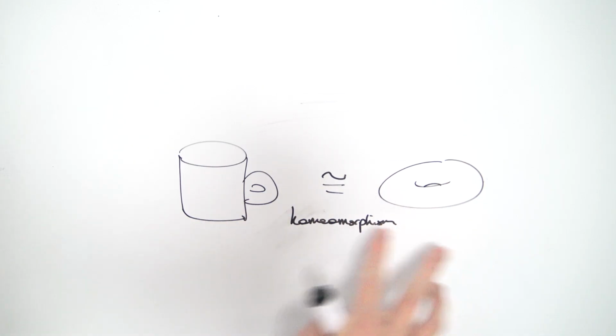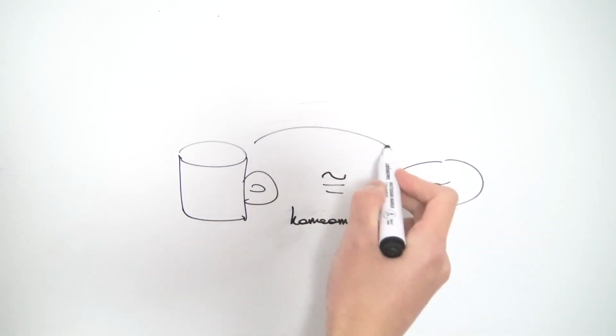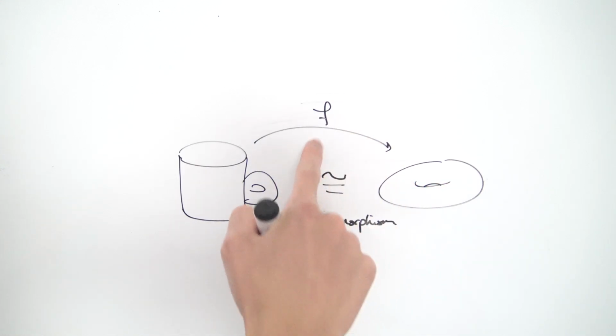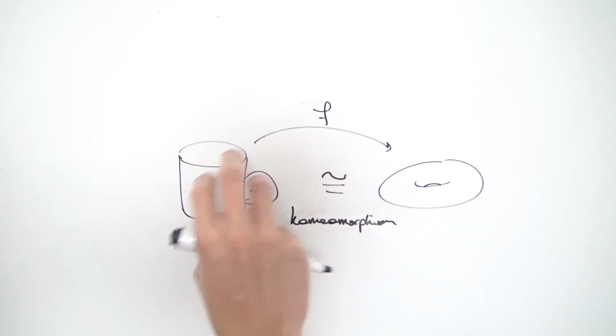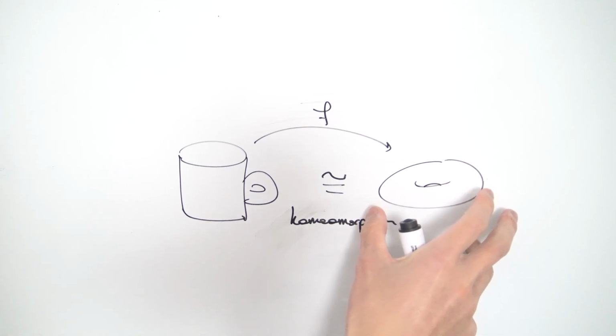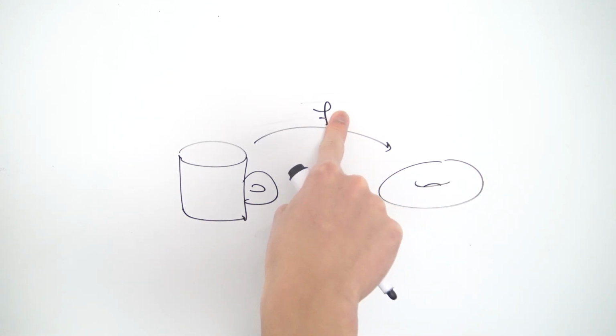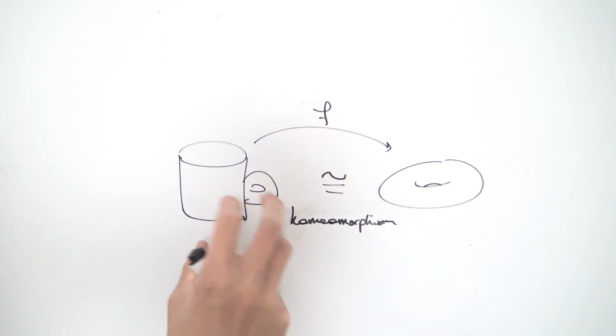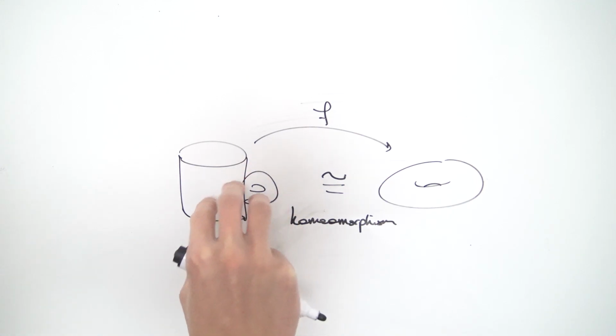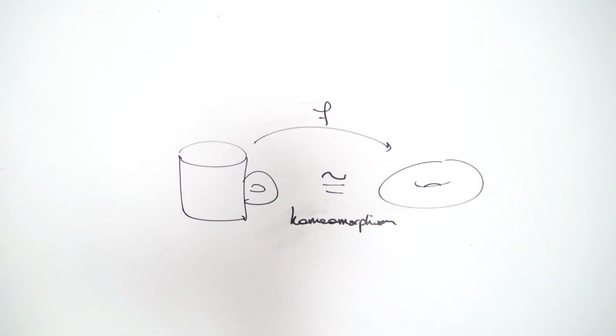So if two spaces are homeomorphic, then there exists a bijective function f over here, which preserves the neighborhoods of these two spaces. And this is what we call a continuous function, because as you can see, we can deform the coffee mug nice and continuously into the donut. And if you've watched topology videos, you might have seen those funny illustrations of things not being continuous.